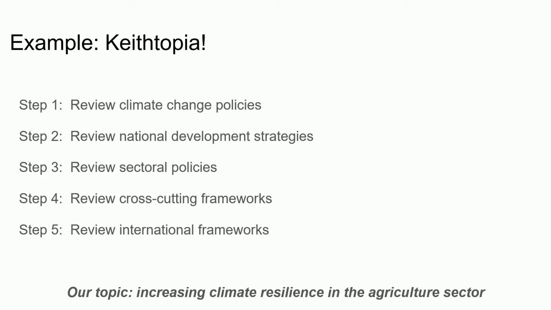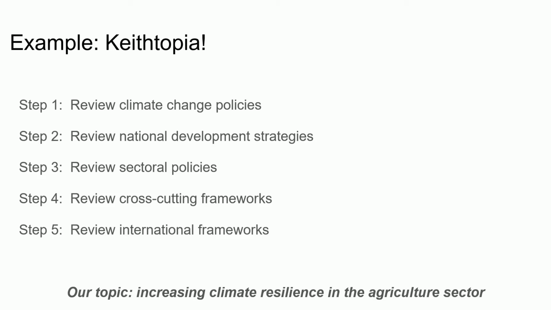And so in step 1, the country of Keithtopia has several climate change related plans and frameworks. So our team reviewed them all. First, we looked at the Keithtopia National Adaptation Program of Action, NAPA, because Keithtopia is a small island developing state, but it's also an LDC.